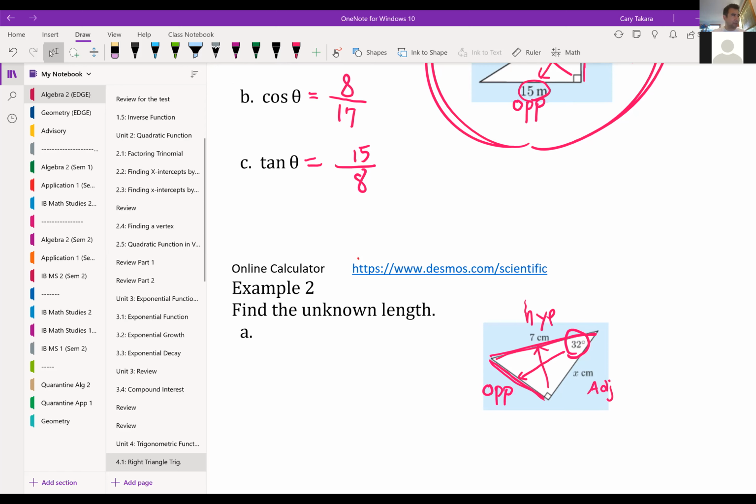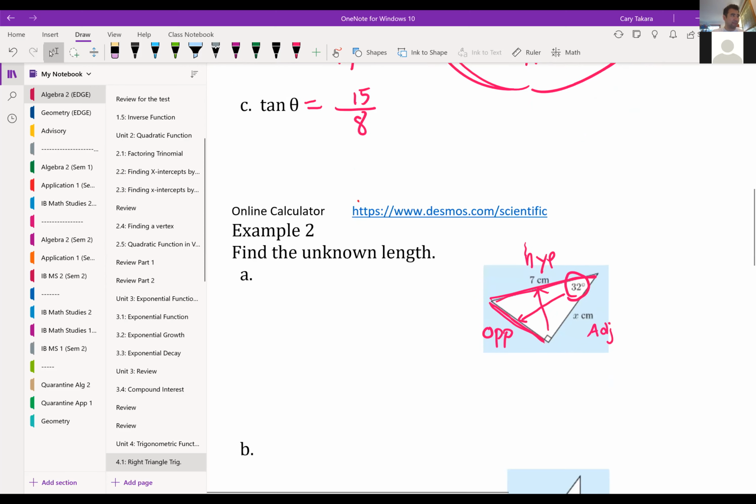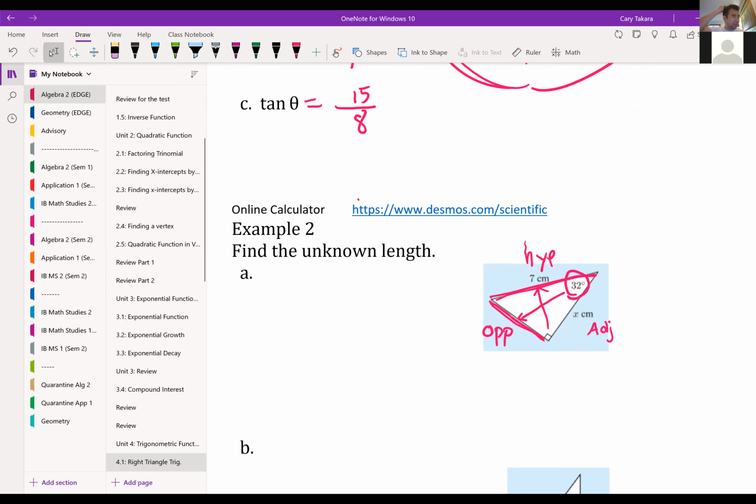Now, how do you know that? Maybe some of you are wondering. For those who are still thinking about this, this is a cosine problem because, first of all, do you notice that there is nothing on an opposite? It's a blank, right? But it is dealing with hypotenuse, which is 7 centimeter, and we need to know the adjacent. In other words, the opposite is basically out of the picture.